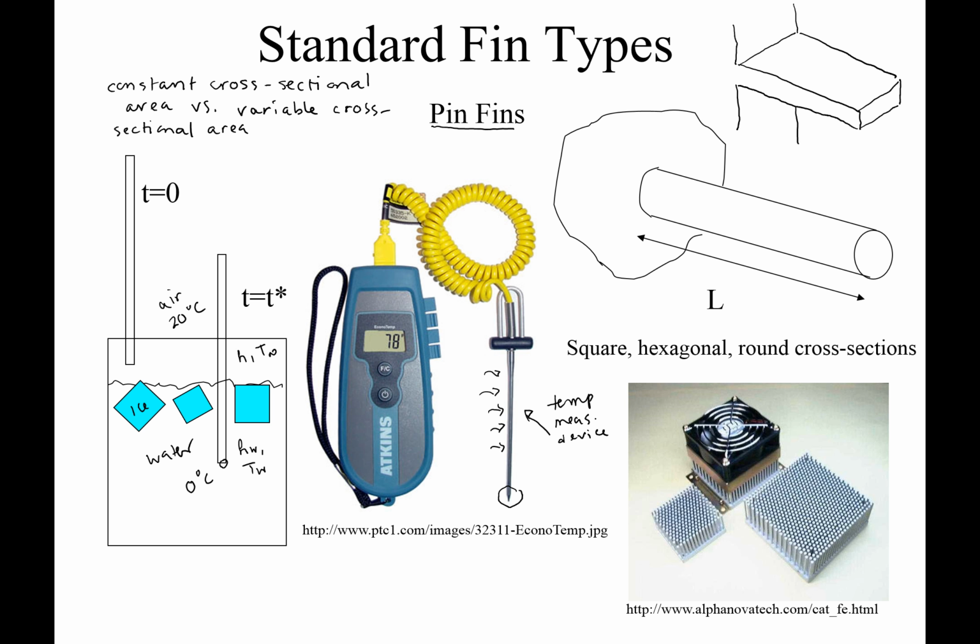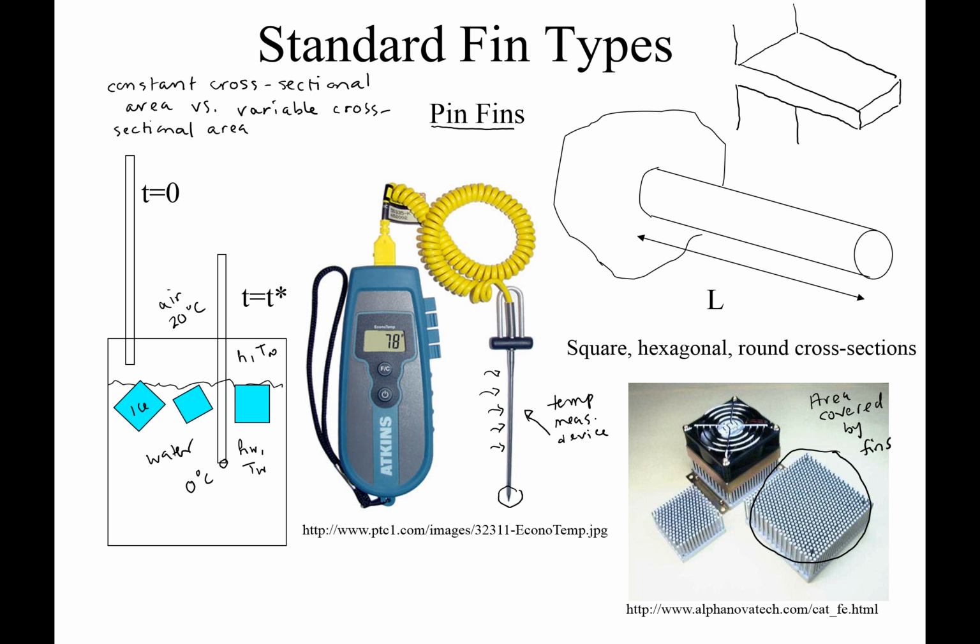Sort of more standard in fin analysis might be the case where you have multiple fins, so a whole area that's covered by fins. And eventually we want to understand how to analyze this type of system. We'll see that really it's just an energy balance that's going to allow us to deal with problems like this.